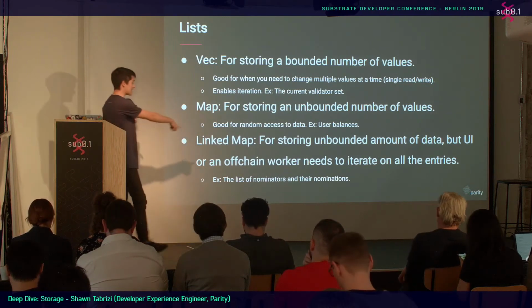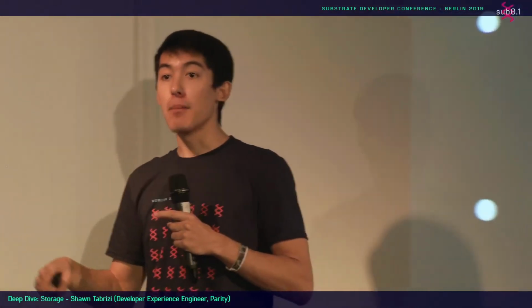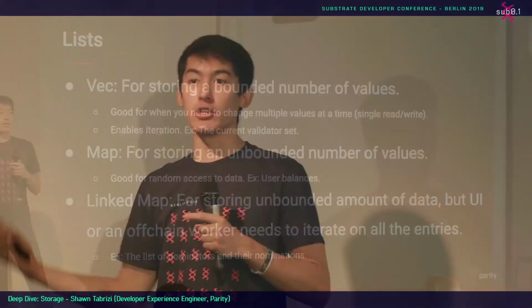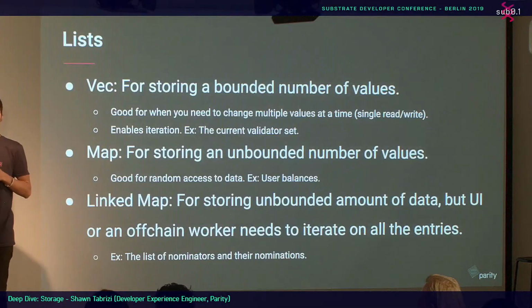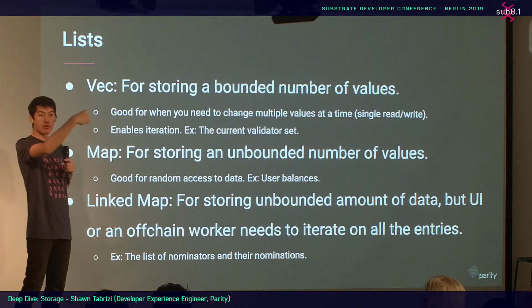An example of this is the list of nominators and their nominations. We don't know how many nominators there will be on a platform. We don't know their nomination information. And within the runtime itself, we don't care to iterate over all of it. But the UI definitely cares who all the nominators are and what they are doing. They want to show good information, they want to have easy access. And really this linked map, I think this API will go away. As I mentioned, we just moved to this prefix map.